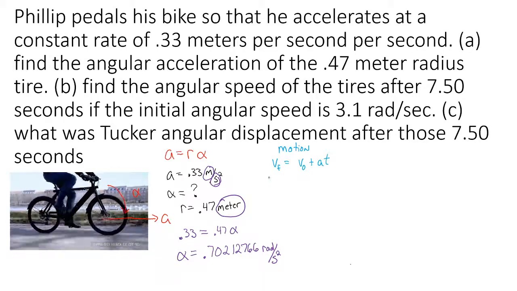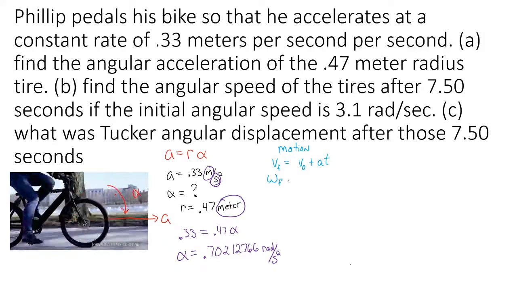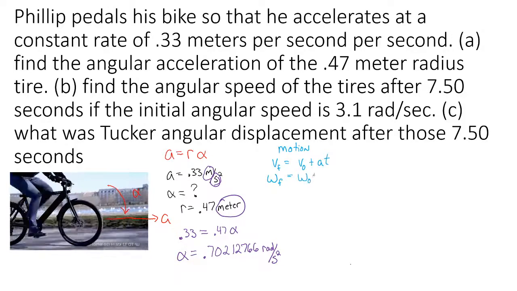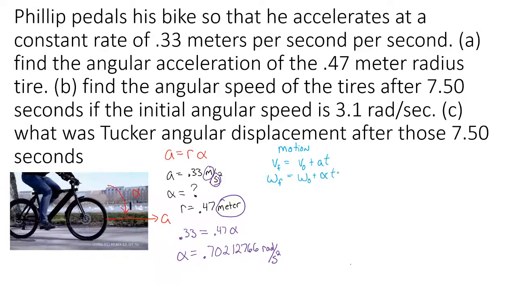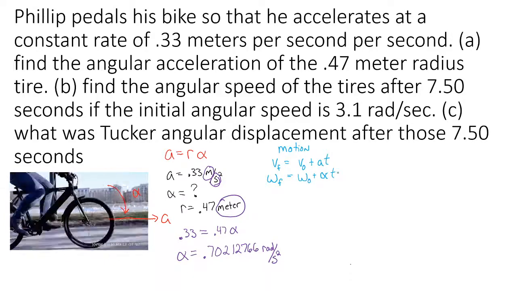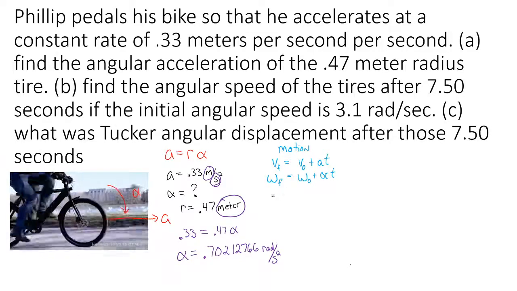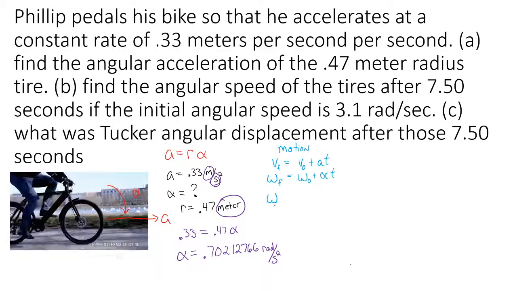We can convert that into an angular version by saying that final angular speed is equal to the initial angular speed plus the angular acceleration times the time used. They're essentially the same thing, but one of them is in terms of angular speed, the other one is in terms of linear speed.